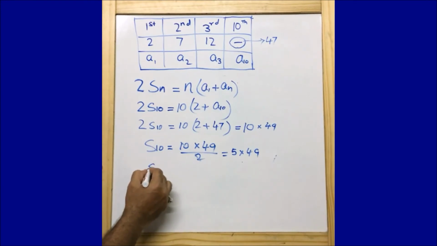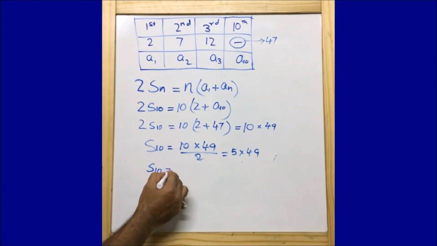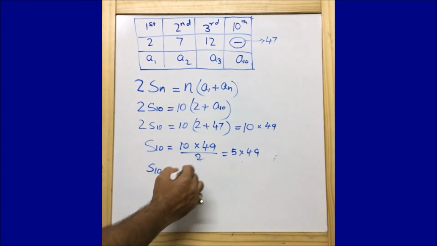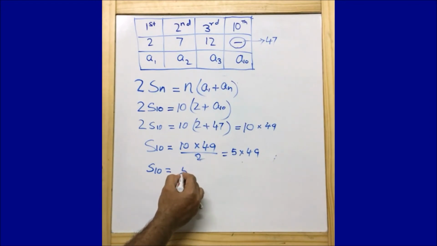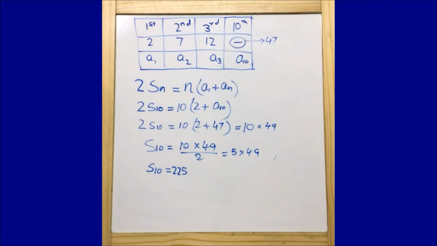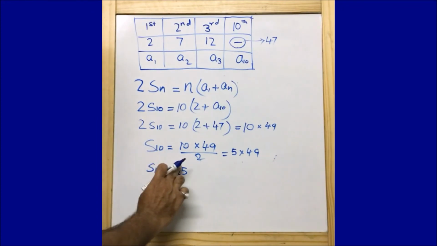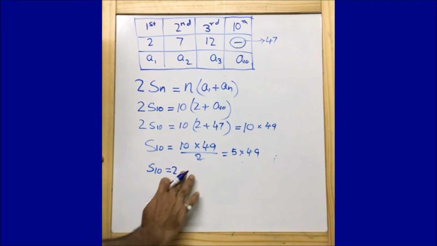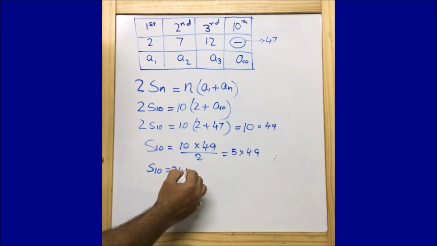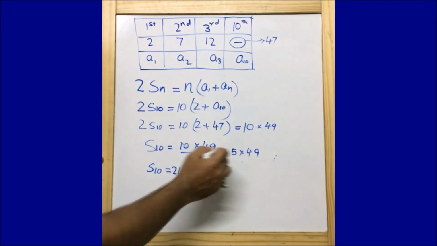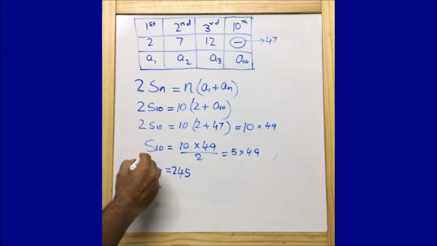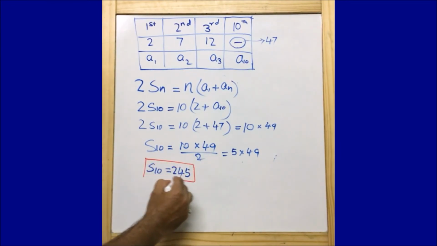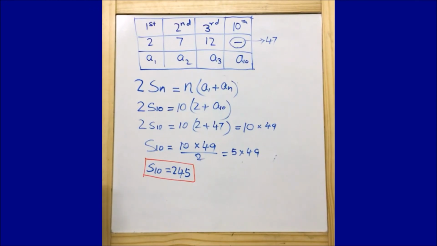Or I can write S10 is equal to 5 9 45, 5 4 20, 21, 22. Guys, that's all. So sorry, this one will be 245. 5 9 45, 5 4 20, 21, 22, 23. That's all, guys. The sum of the 10th term is 245.